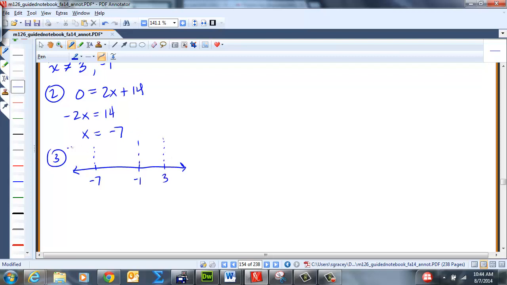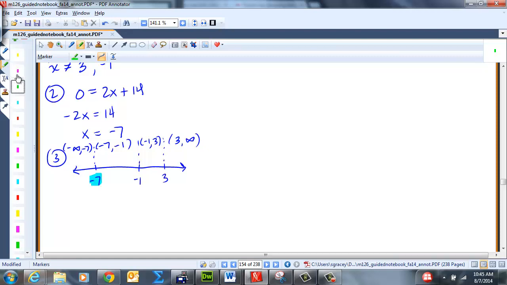So we have minus infinity to minus 7 as an interval, minus 7 to minus 1, minus 1 to 3, and 3 to infinity. Now, negative 7 is our 0, right?